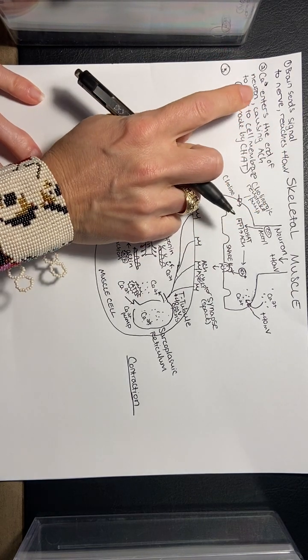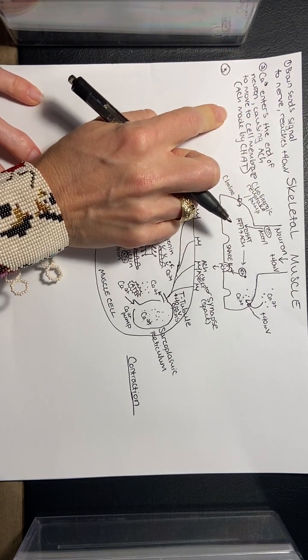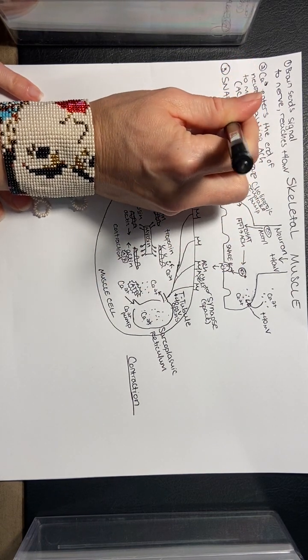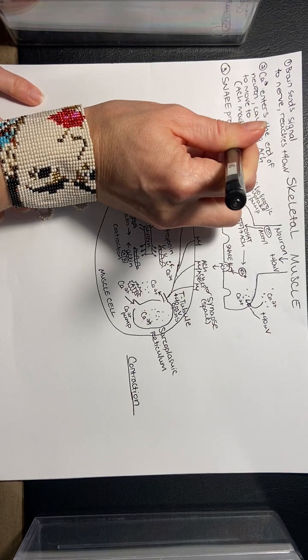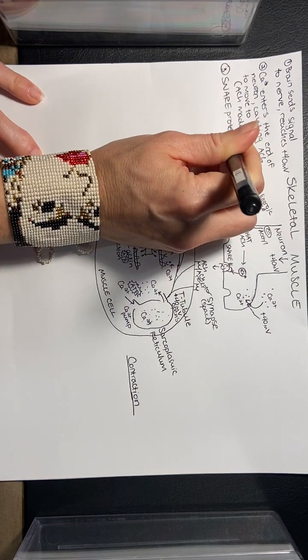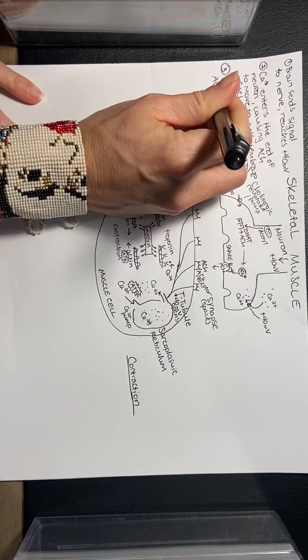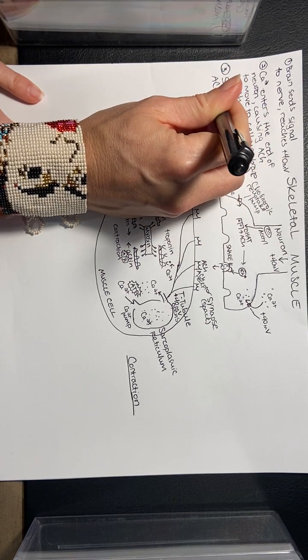So we have the acetylcholine sitting on the cell membrane and another protein called SNARE. So the SNARE protein helps acetylcholine leave the cell.